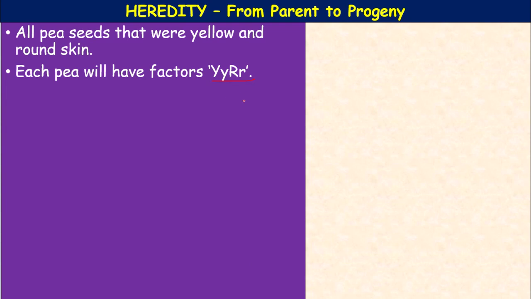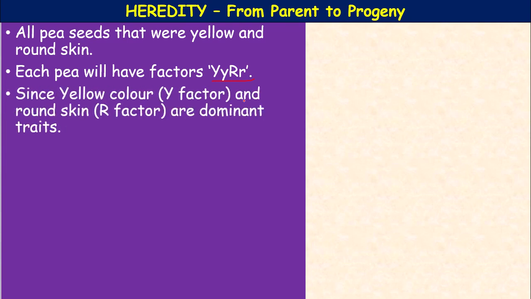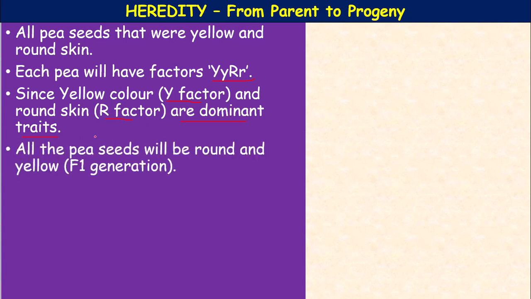The capital Y representing yellow and small y representing green, capital R representing round, and small r representing wrinkled. Since yellow color, the capital Y factor, and the round skin, capital R factor, are dominant traits, all the pea plants will be round and yellow in F1 generation.